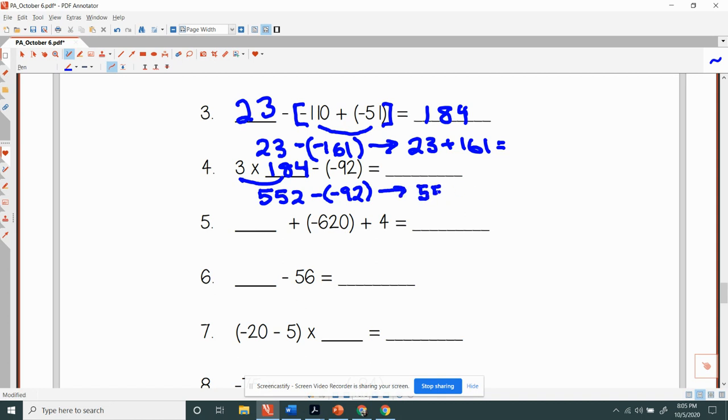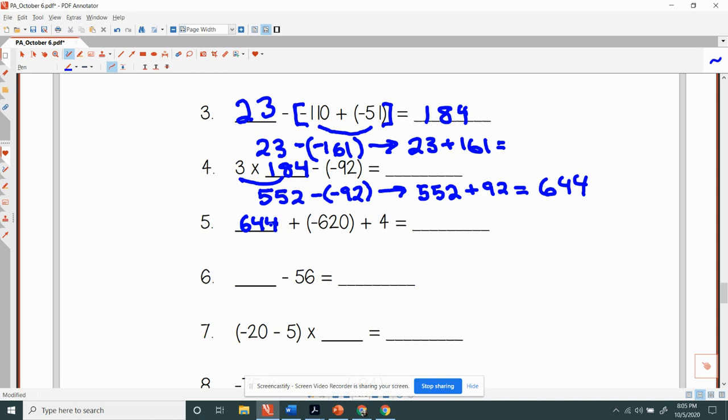You rewrite it as addition and change the sign of the second number. So if we add 92 to that, we will have 644. And we'll put the 644 on this line.